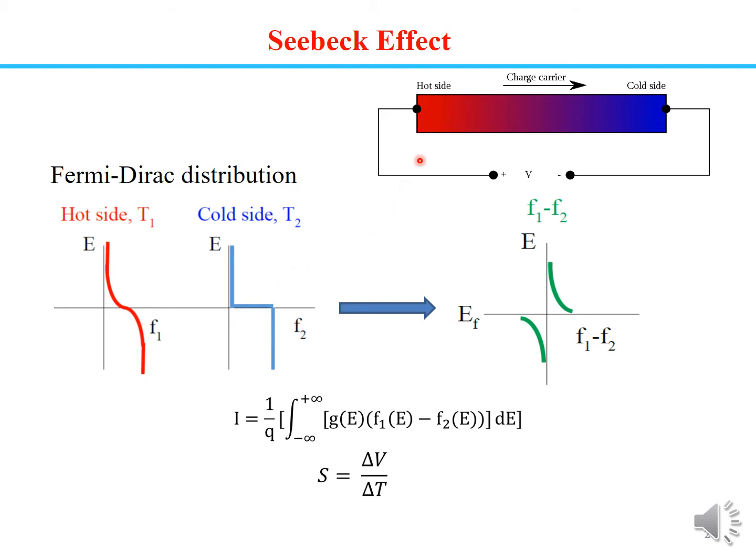This will induce thermal current and charge carrier accumulation either at the hot side or the cold side, so that this will induce a voltage between the two sides. The ratio of the voltage to the temperature gradient is the Seebeck coefficient.